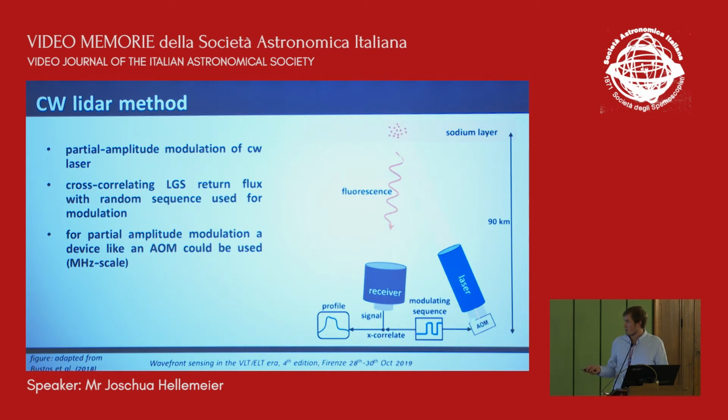The modulation is done by a modulating sequence, which needs to have a special property: its autocorrelation needs to be delta-like, like a delta function. Then the received fluorescence signal from the sodium layer can be cross-correlated, and a profile can be retrieved from the signal after the cross-correlation.